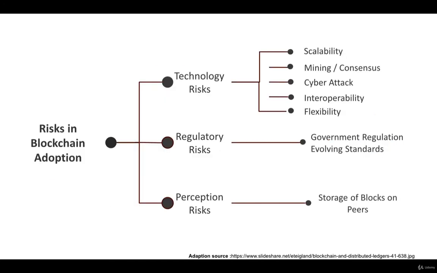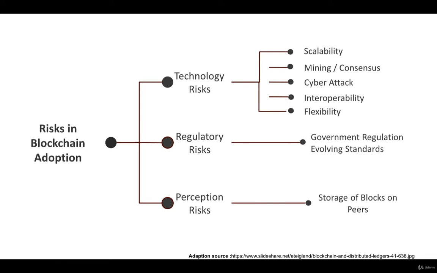So basically, there are some risks in blockchain adoption. For example, organizations typically undergo a process of detailed feasibility study to understand all the risks involved before thinking of adopting the blockchain. So let's take an example, say, of an organization ABC Limited who is exploring blockchain technology as to whether it will really benefit its business.